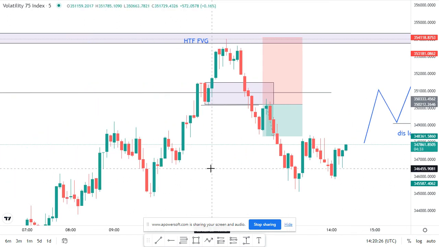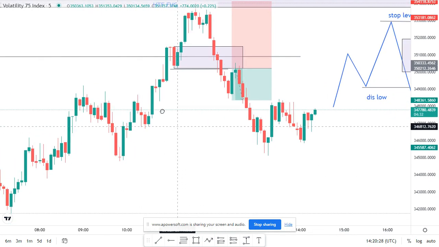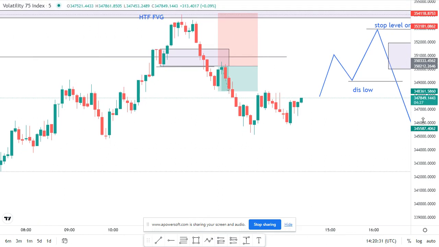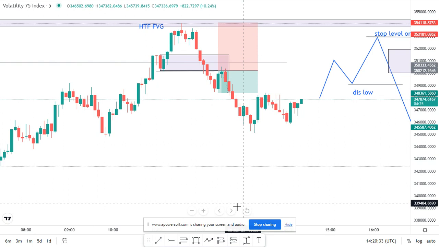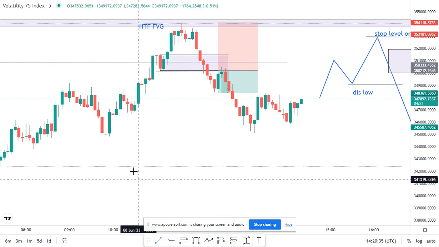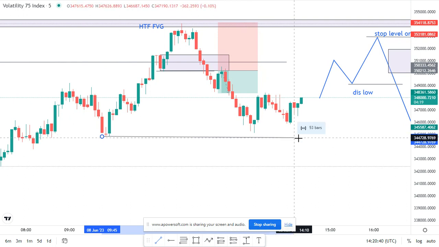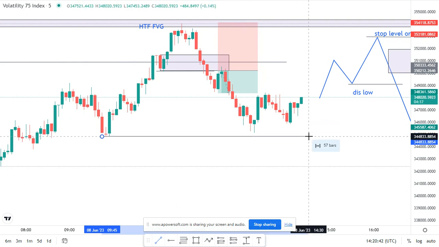Now target. Where are we targeting right now? First target: we are targeting this low.